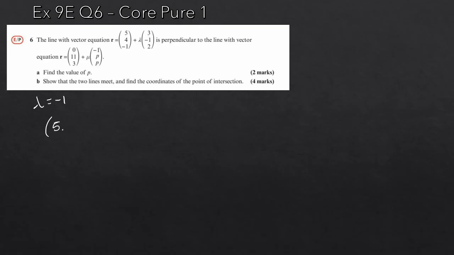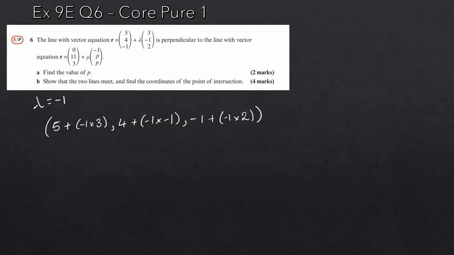I'm just going to write it as a vector. So it's going to be 5 plus minus 1 times 3. Then I've got 4 plus minus 1 times minus 1. And then finally I'm going to have minus 1 plus minus 1 times 2.